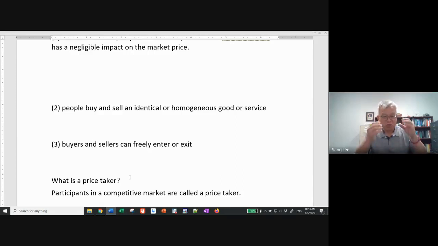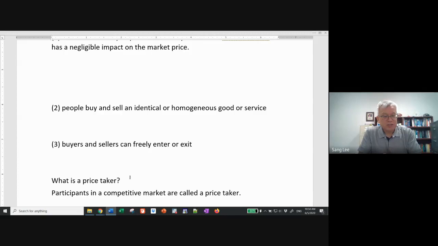So that's why we find the perfectly competitive market usually in the market for agricultural produce or products. So the difference is in the minds of the buyers and sellers. As long as buyers and sellers believe a certain product or service is identical, homogeneous, then that should be enough.